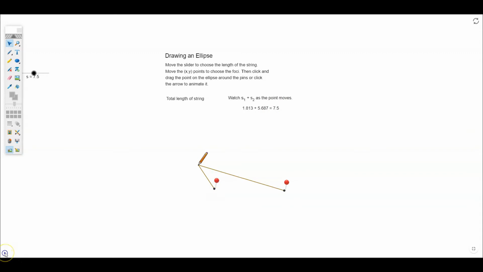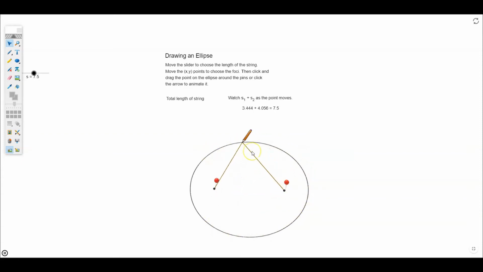Now look, if I'm going to press this play button here, what do you notice? The length of the string from the tip of the pencil to the push pin changes, right? But still, the sum of their distances doesn't change, and that is 7.5. So once again, the curve that is traced is what we call the ellipse.